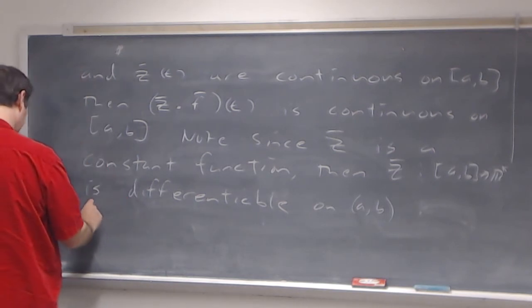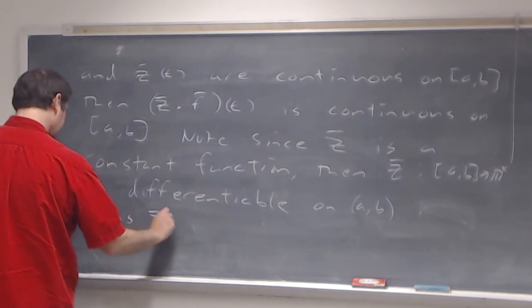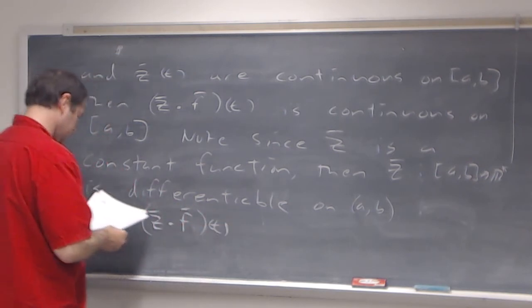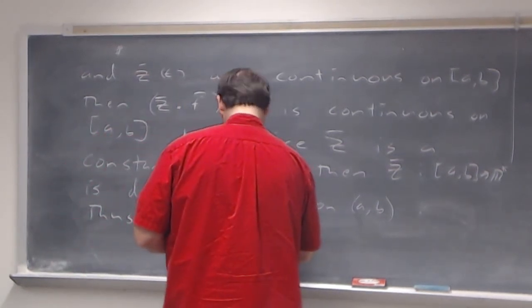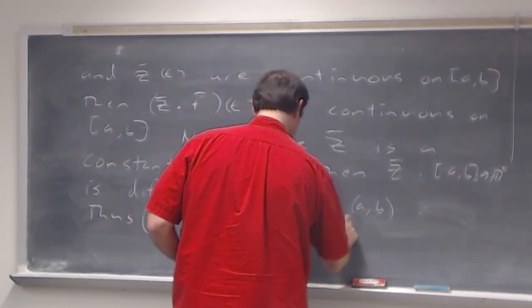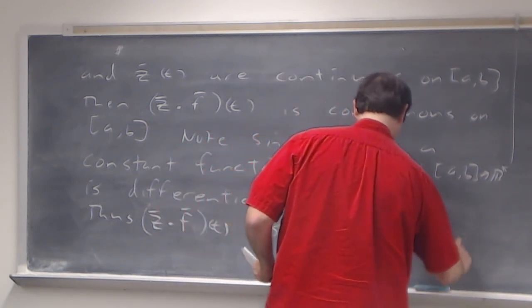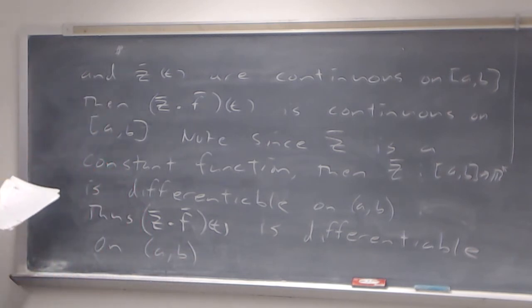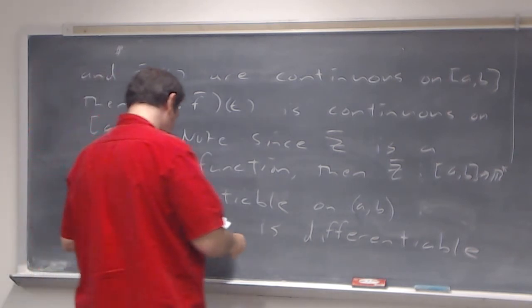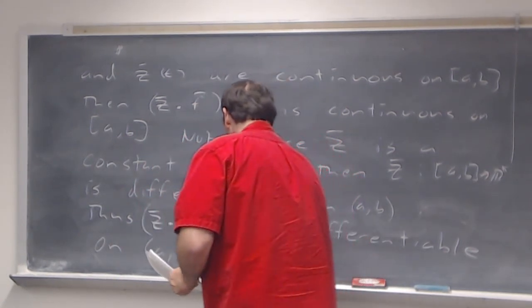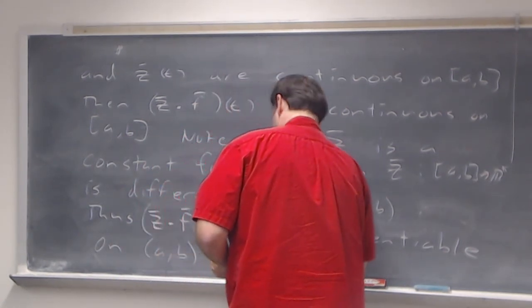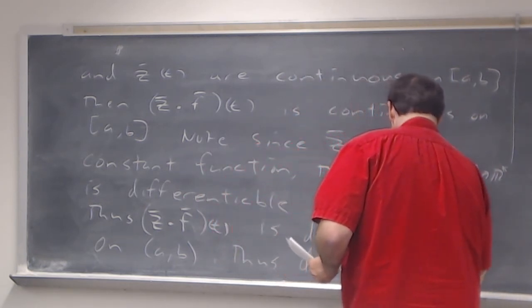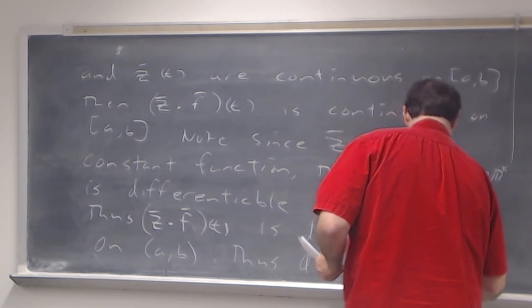So here's what we'll say: thus, z bar dotted with f bar, the inner product, acting on t, is differentiable on the open interval a to b.